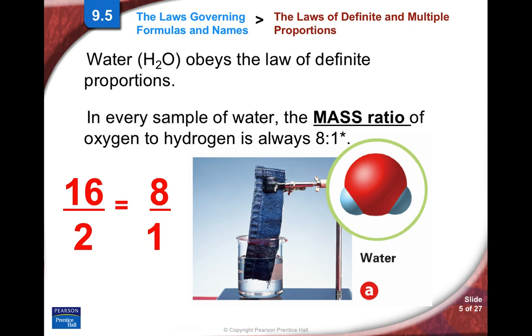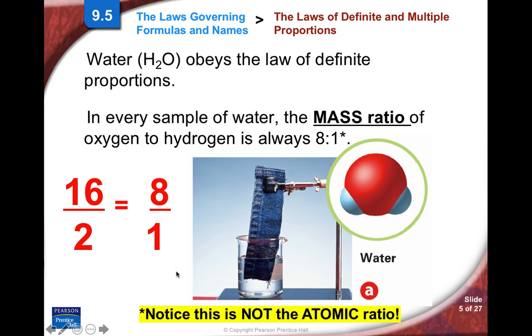Now, the actual masses for moles worth of these elements are 16 grams for oxygen and 2 grams for hydrogen, but you know from your mathematics days that you need to simplify a fraction into its simplest form, and that would be 8 to 1.